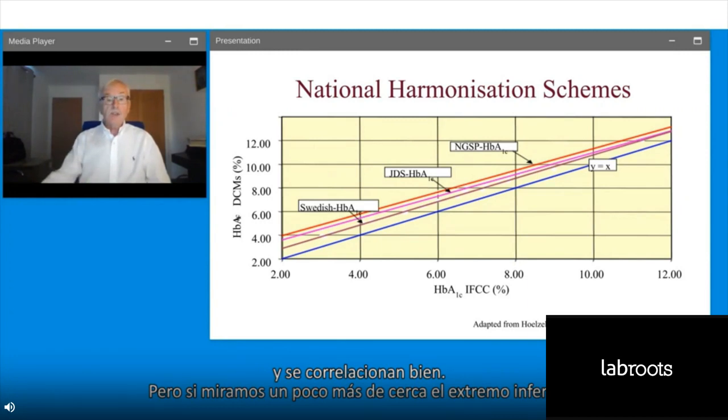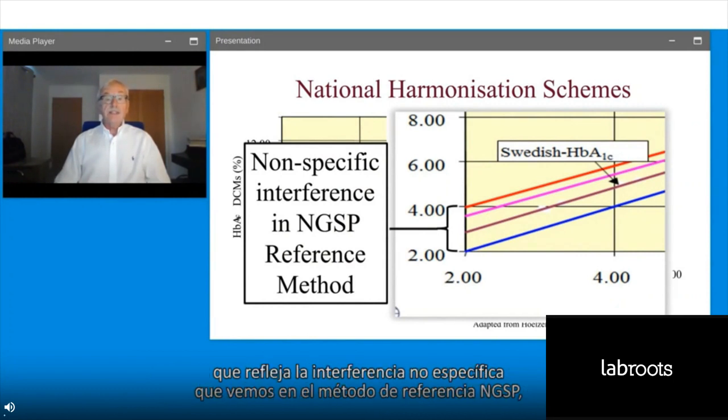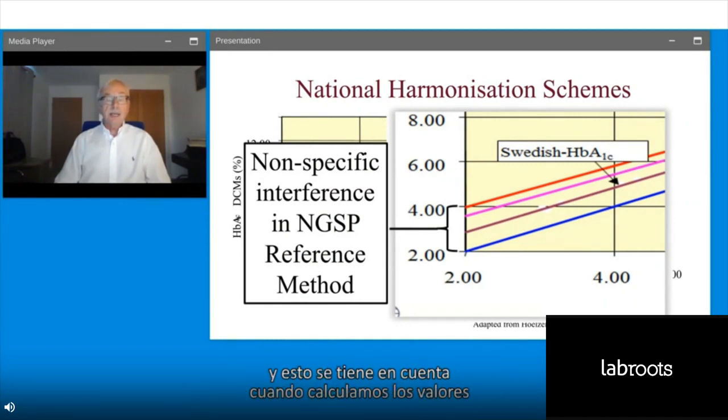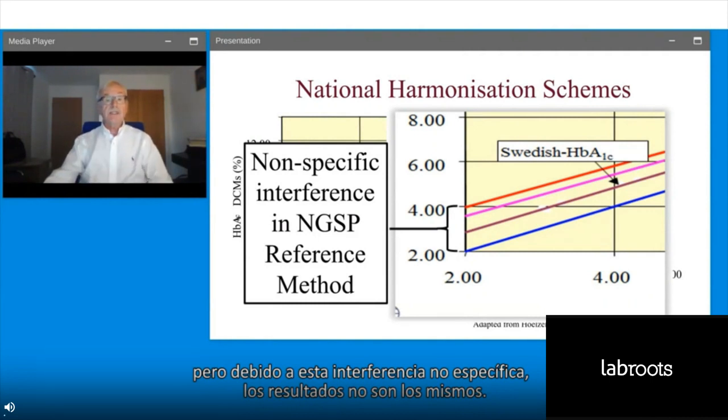But if we look a bit more closely at the bottom end, we see that there's a difference of about 1.5 to 2% hemoglobin A1c, with the NGSP values being higher. And that reflects the non-specific interference that we see in the NGSP reference method. And this is taken into account when we calculate the values and relate them from the NGSP to the IFCC. So yes, there's a relationship there, but because of this non-specific interference, results are not the same.